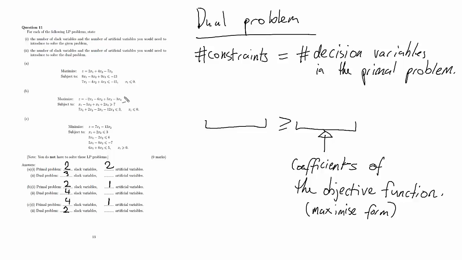So we've got two positive coefficients, and we'll introduce two artificial variables to the dual problem. Part B is also a maximised problem. We've got negative, negative, positive, negative. So we've got one positive coefficient, and so we'll introduce one artificial variable in the dual problem.